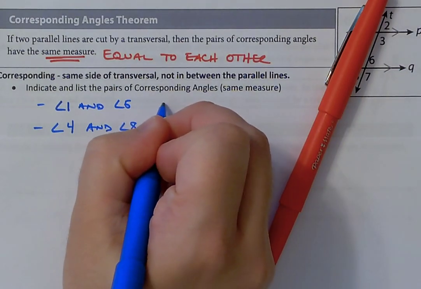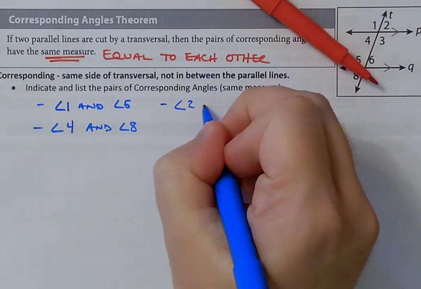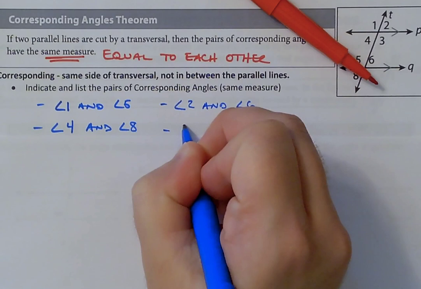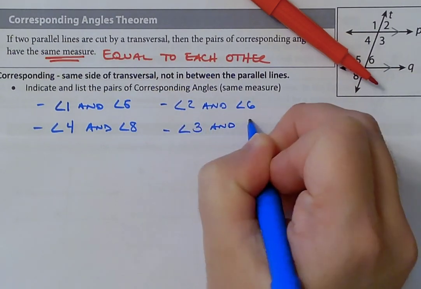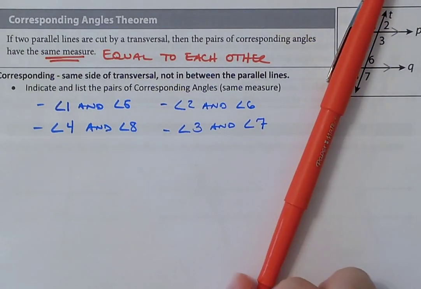So those two, angles 2 and 6, and then angles 3 and 7 are the other pair of corresponding, because they are on the right side of the transversal, and angles 2 and 6 are above the parallel lines, and then 3 and 7 are below.